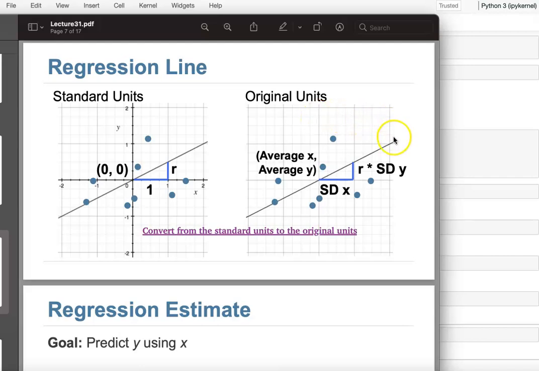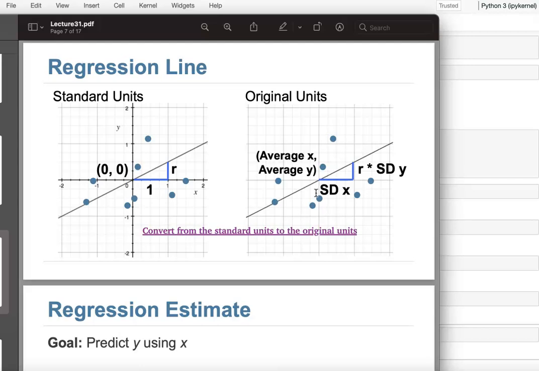The only difference is that it becomes y equals ax plus b, so it does have an intercept. And the slope a equals the correlation coefficient times the standard deviation of y divided by the standard deviation of x. So that's how we get our regression line.